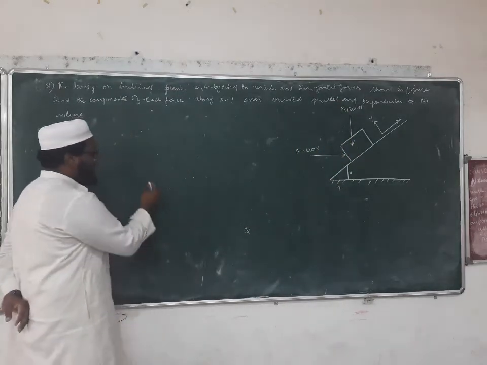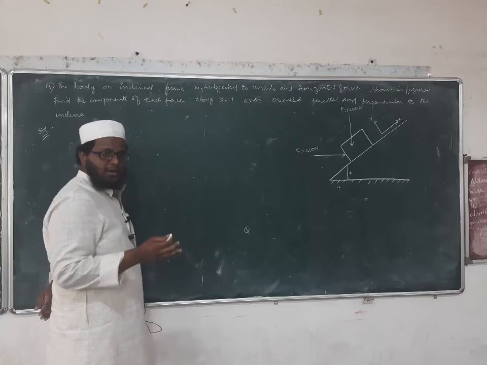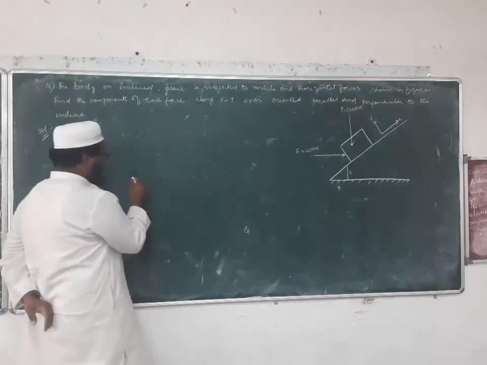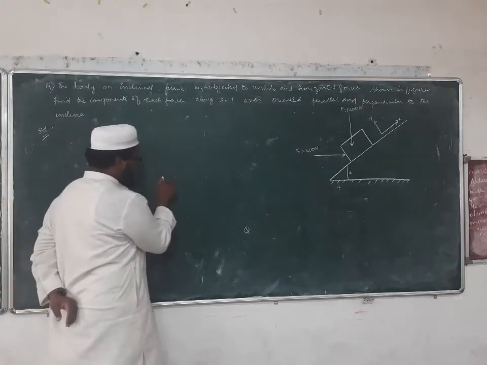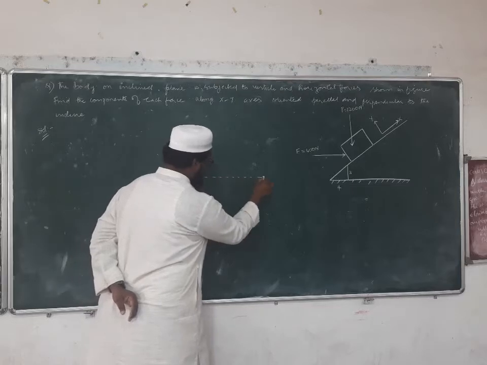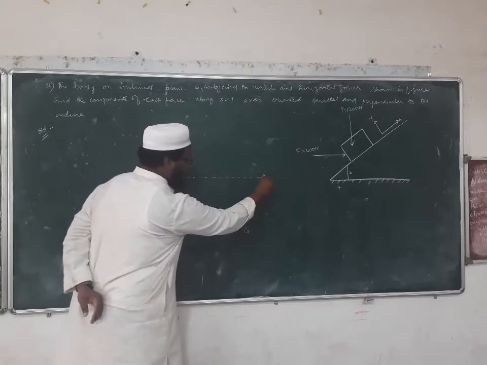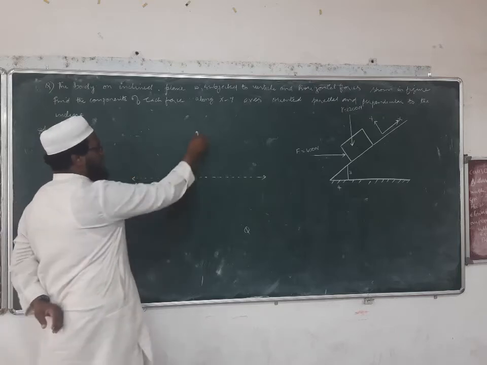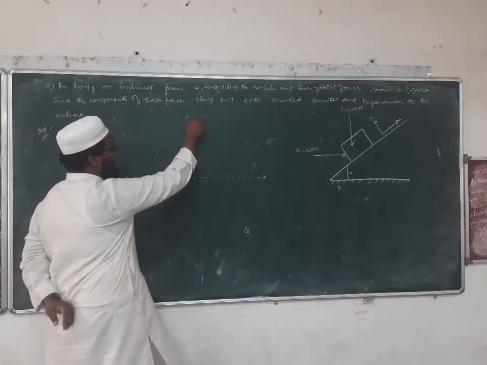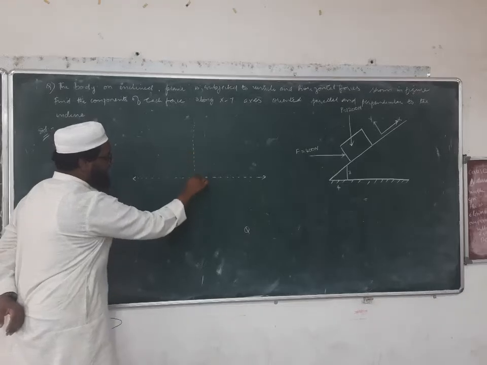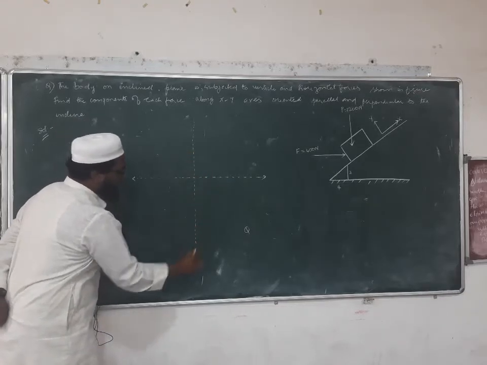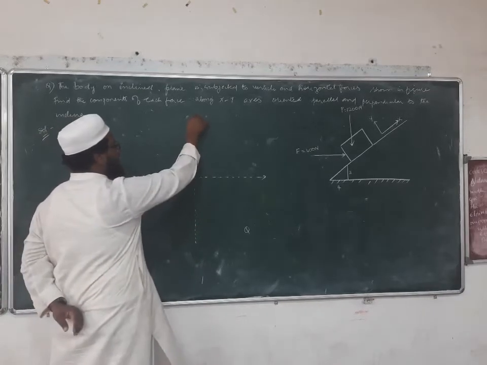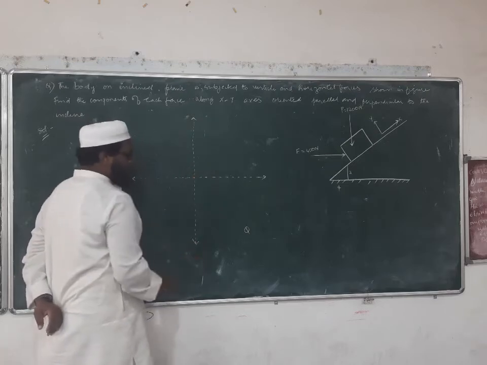So I will draw our general xy axis. This is our x axis, a dotted line. I will draw one more dotted line, this is our y axis. Why am I drawing this in dotted form?